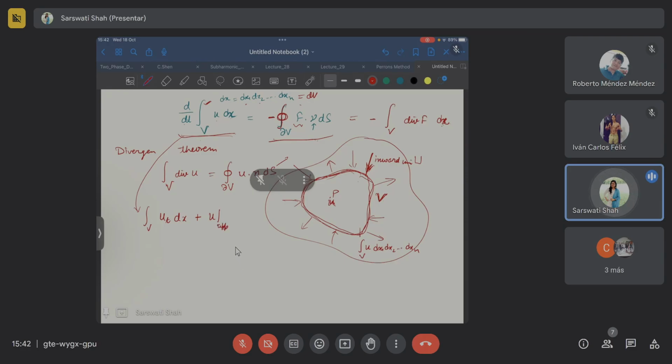But since this boundary is a constant, the derivative of the upper limit is going to be 0. In the same way, minus u, the value at the lower limit, and the lower limit is constant because we have a fixed boundary, so the derivative of the lower limit is going to be 0. So this will simply reduce to this form, isn't it?